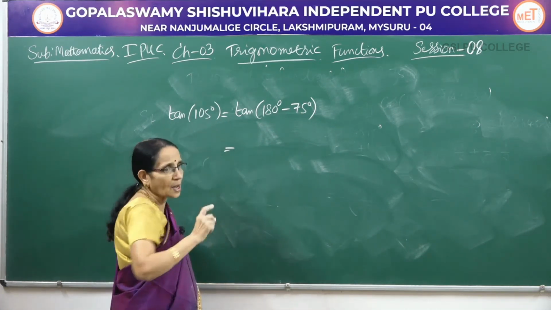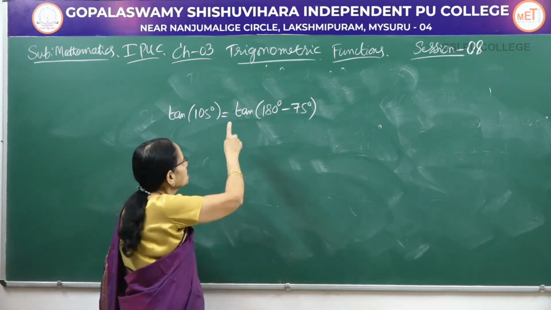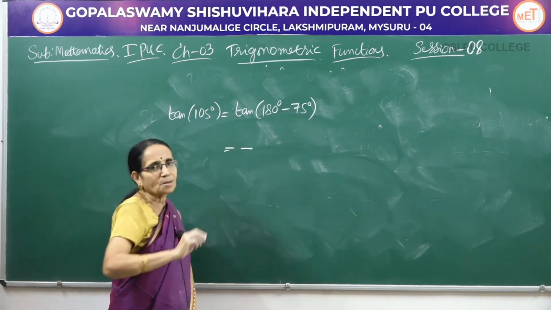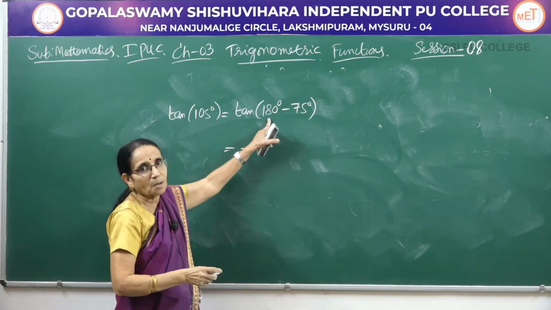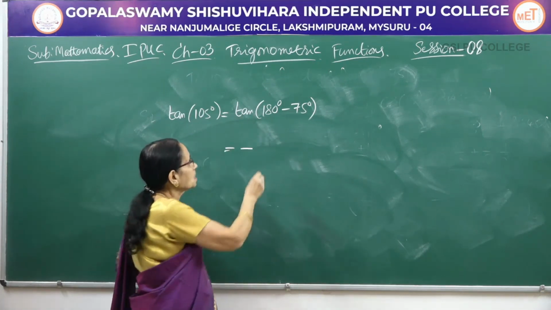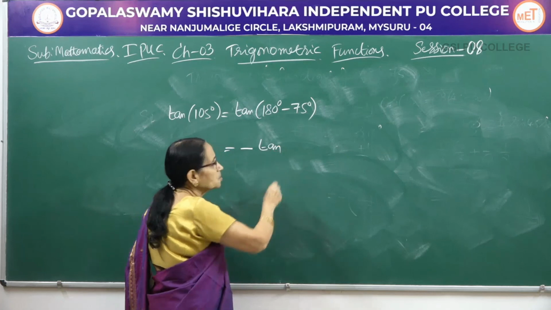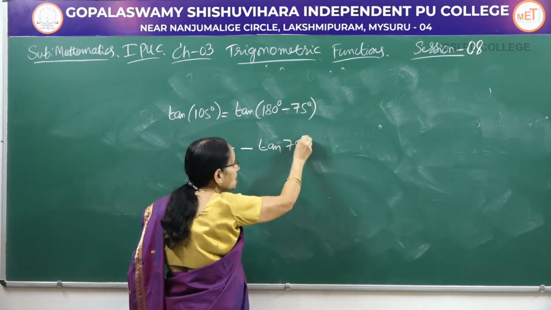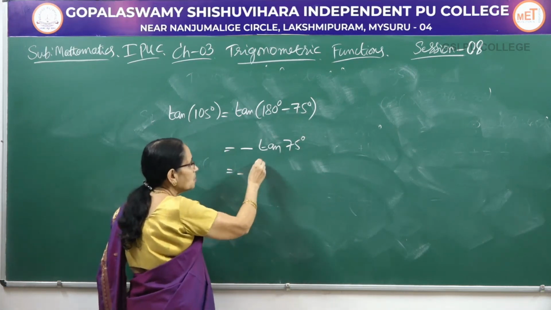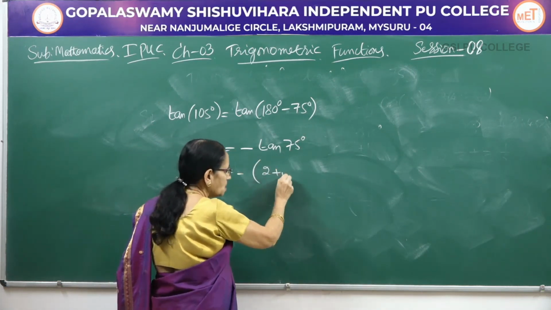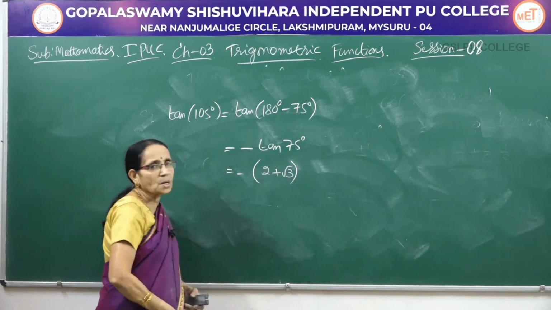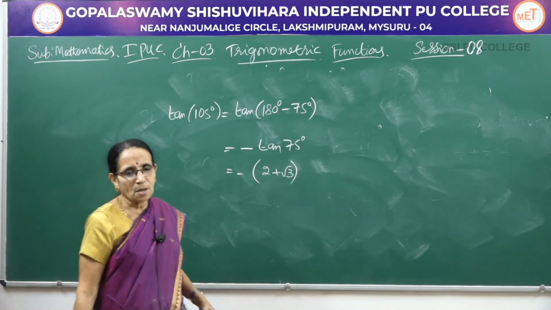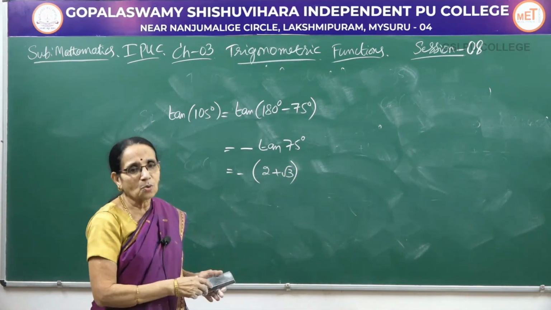Anyway, that angle is in the second quadrant where tan is negative, so write the sign. I am using 180, therefore the same trigonometric function continues. So it is tan of 75, with the minus sign outside. What's the value of tan of 75? The same thing you have derived just now: minus of 2 plus root 3. So this is how we have to find it out.